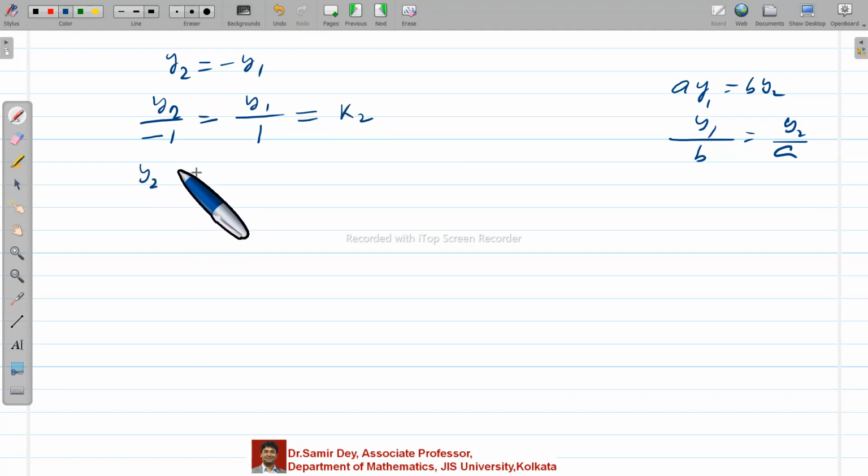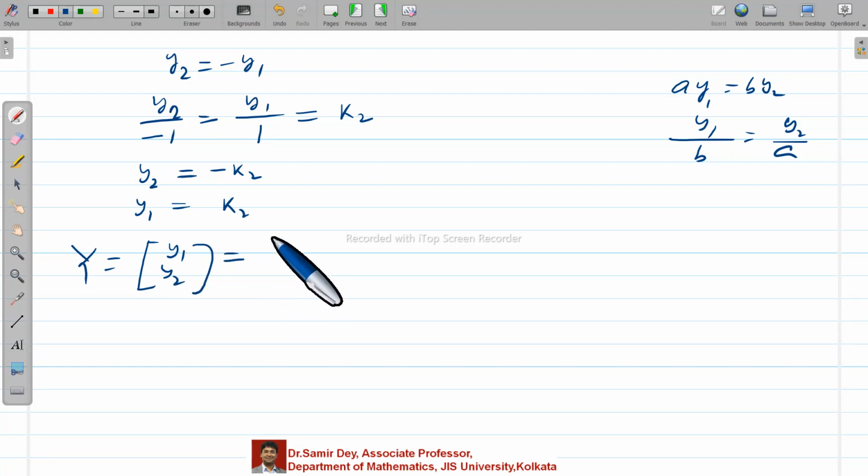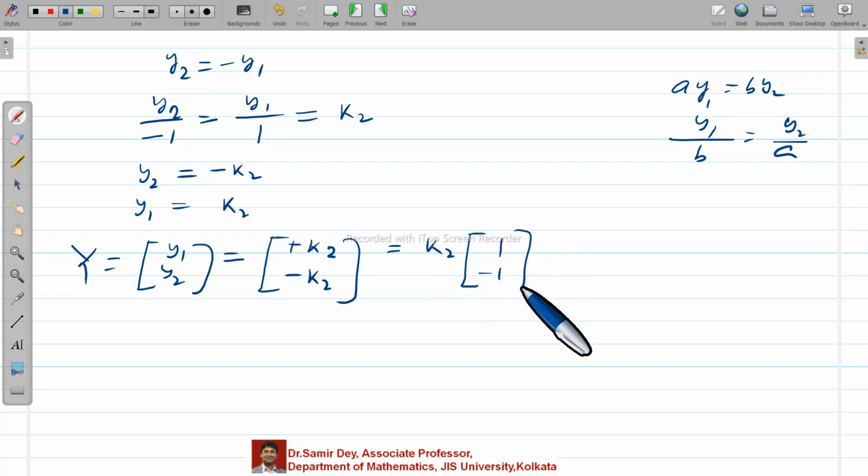So from here you may write y2 is equals to minus k2 and y1 is equals to k2. So what will be the vector of it? Vector will be y1 y2 and it is coming k2 and minus k2. So if I take common, k2 is common, it is coming 1 and minus 1.